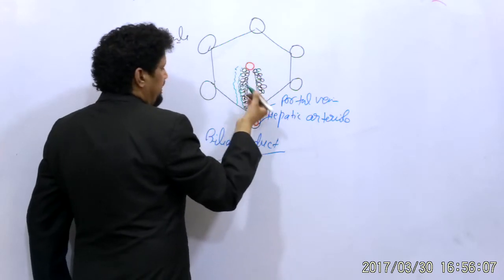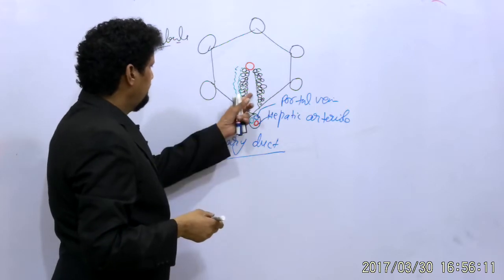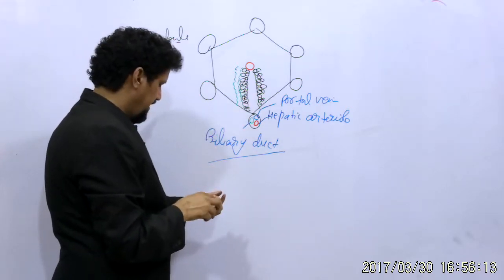It has macrophages, Kupffer cells, and hepatocytes. These are the hepatic sinusoids.